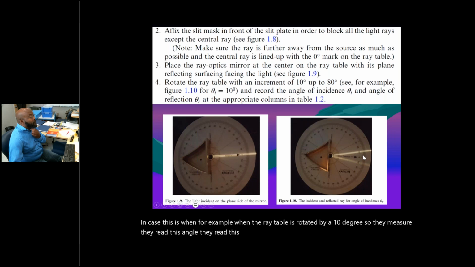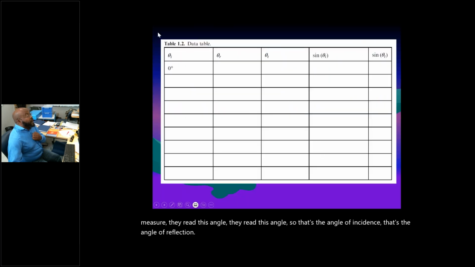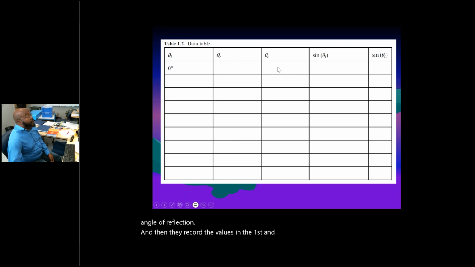So that's the angle of incidence, that's the angle of reflection. And then they record the values in the first and second column. So the third column is for the second part, which is about the law of refraction.